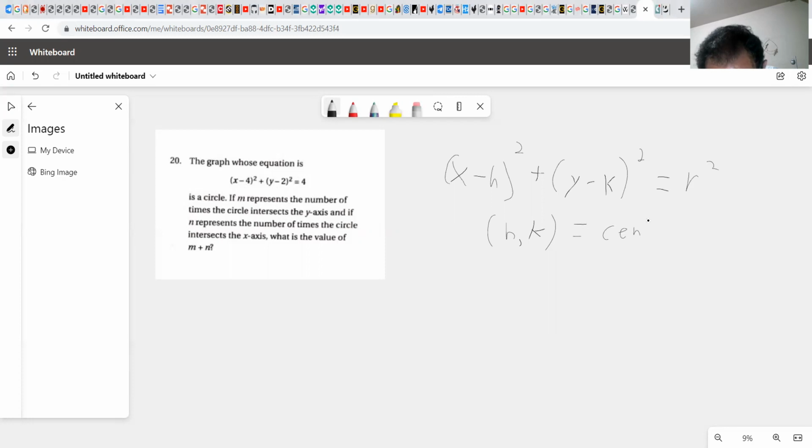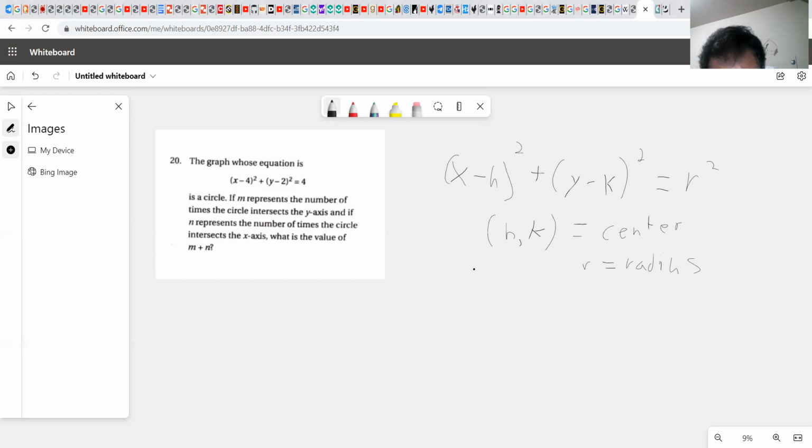The other part we need to know is r, which is the radius. For this problem, our center is (4, 2).